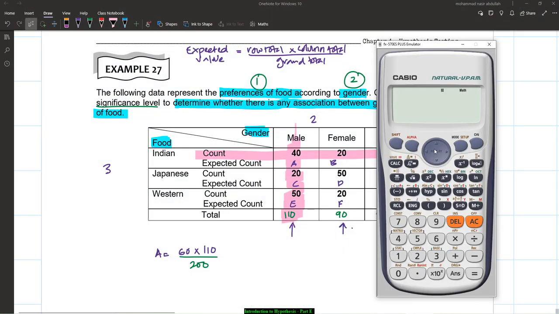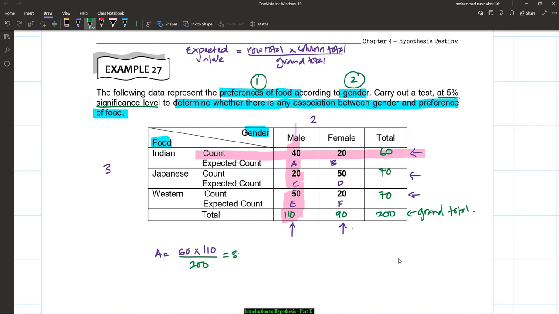And this one should be 60 multiply with 110 divide by 200. So it should be equal to 33. And B, right? Let me clear this one.